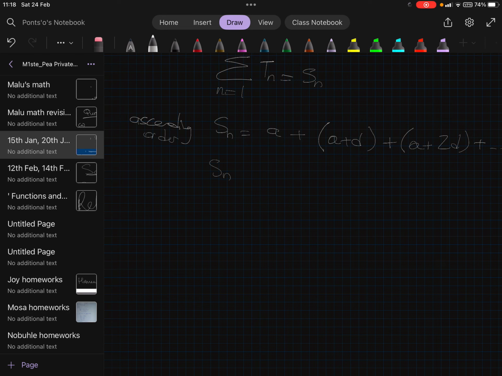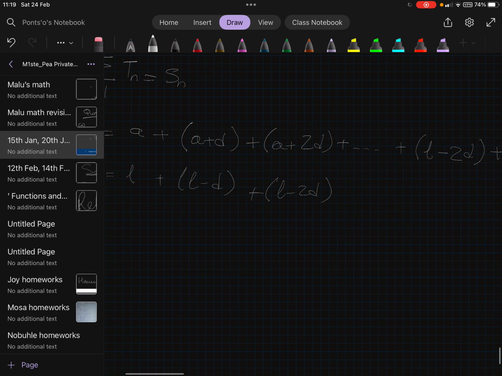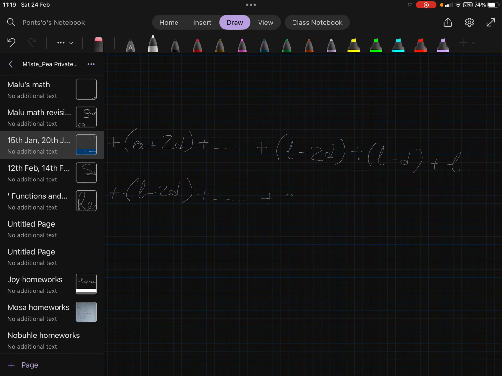And you do that again for the same series, but this time in descending order, such that the last term is going to be added to the first term, and then the second term in the series would be last term minus common difference, and then the third term would be last term minus twice the common difference, and you do that all the way until you get to the third to last term, which is first term plus twice the difference.